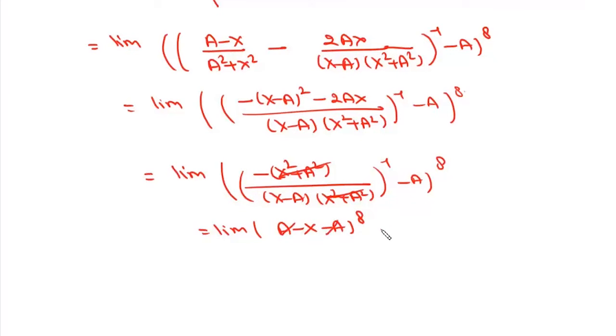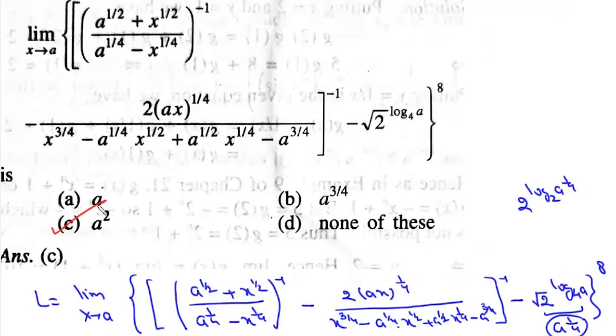Now A and A will cancel, so this is limit capital X to the power 8. Now capital X is small x to the power 1 by 4. So it will be this limit x tends to a, x to the power 2, which is a square. So the answer to this limit is a square, and that's your option C.